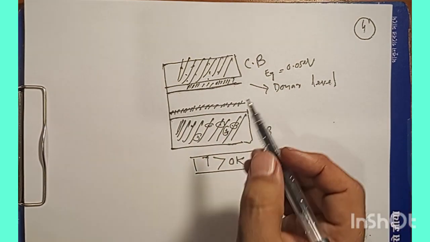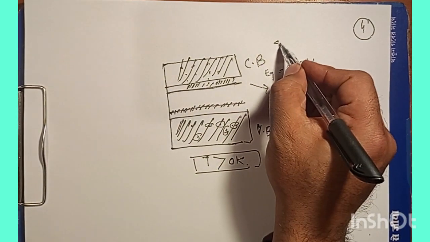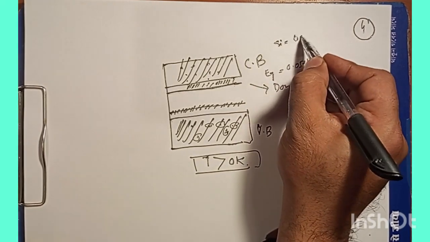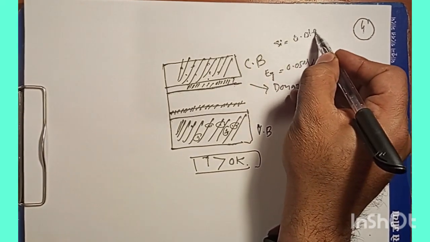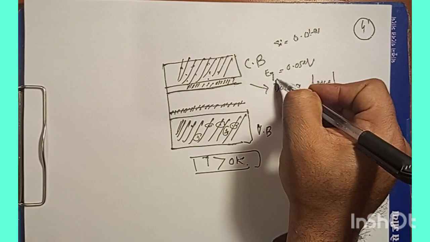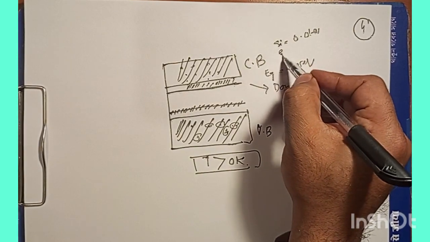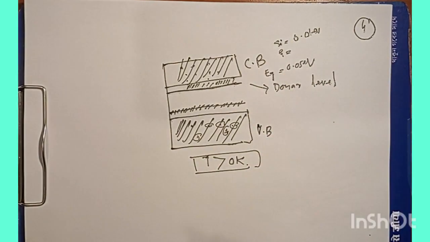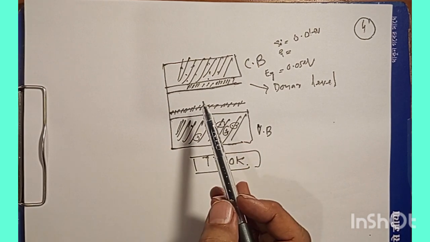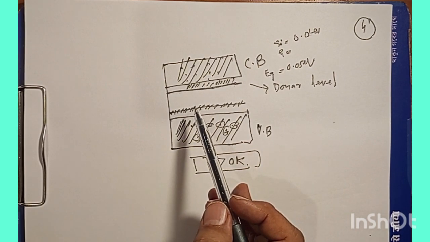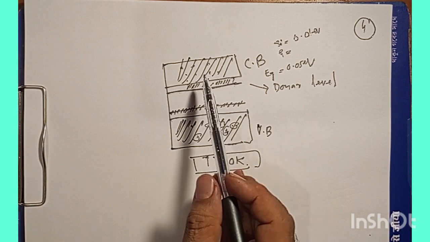For silicon, it's of the order of 0.01 electron volts, and for germanium, it is of the order of 0.05 electron volts. So even room temperature provides sufficient thermal energy to the free electrons at the donor level to jump to the conduction band.